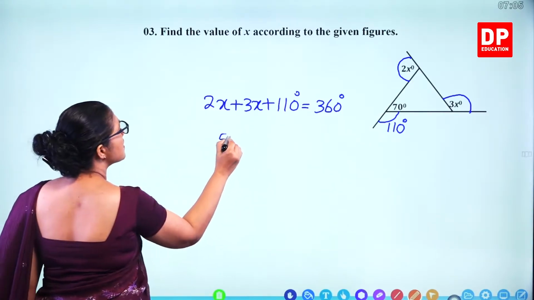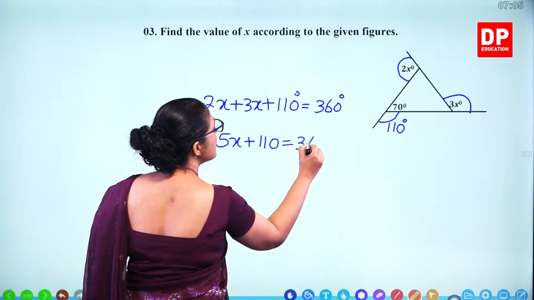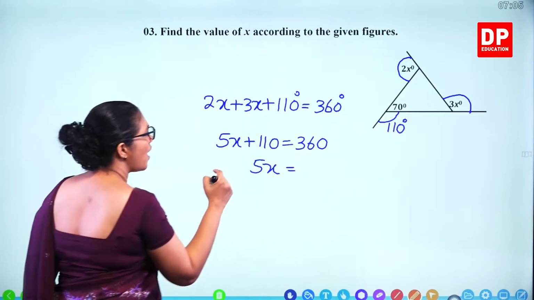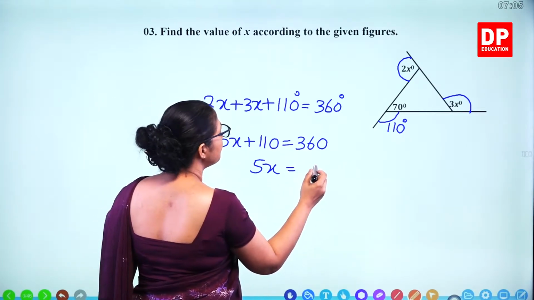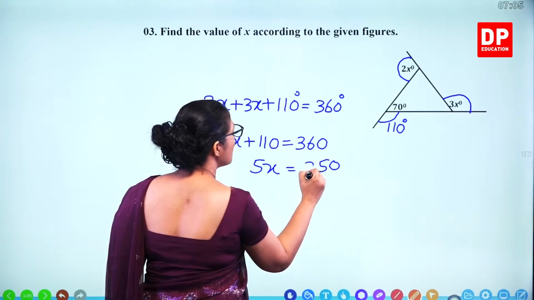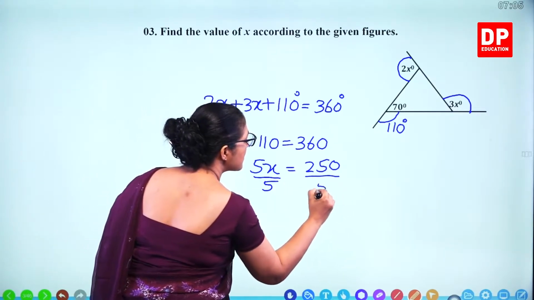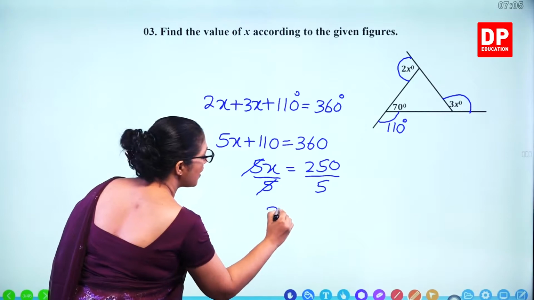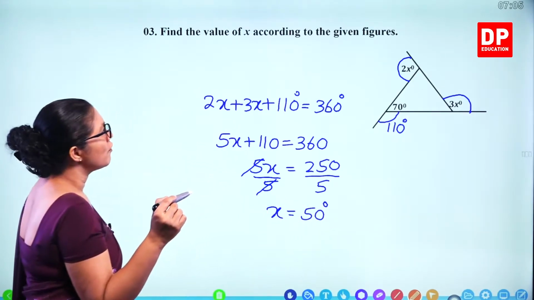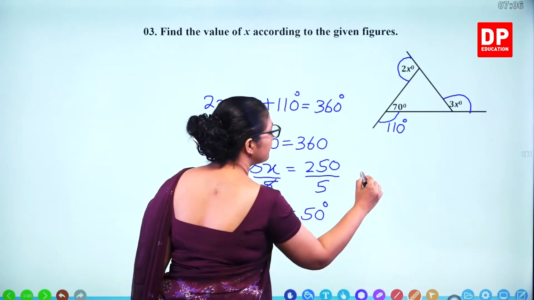So 5x plus 110 equals 360. Subtract 110, you get 250. Divide by 5 to get x. X becomes 50 degrees. So 2 marks for that.